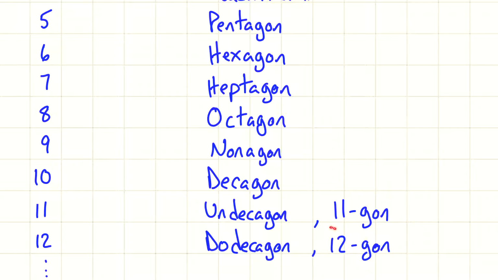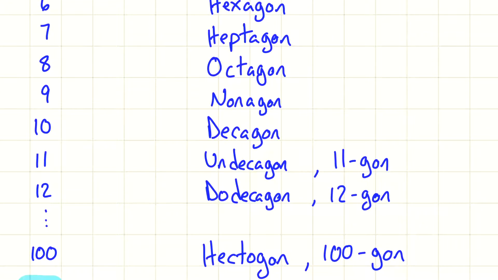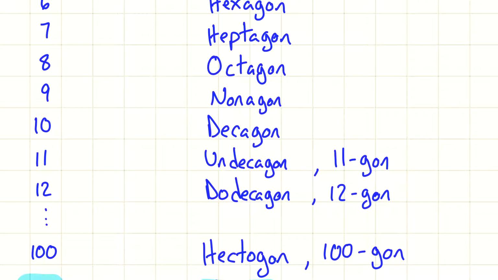So sometimes we'll call it an 11gon or a 12gon. If you go to 100, this one has the name of a hectagon, but most people won't remember that. It's a lot easier just to use 100gon. Or maybe a 98gon, there's not going to be a special name.